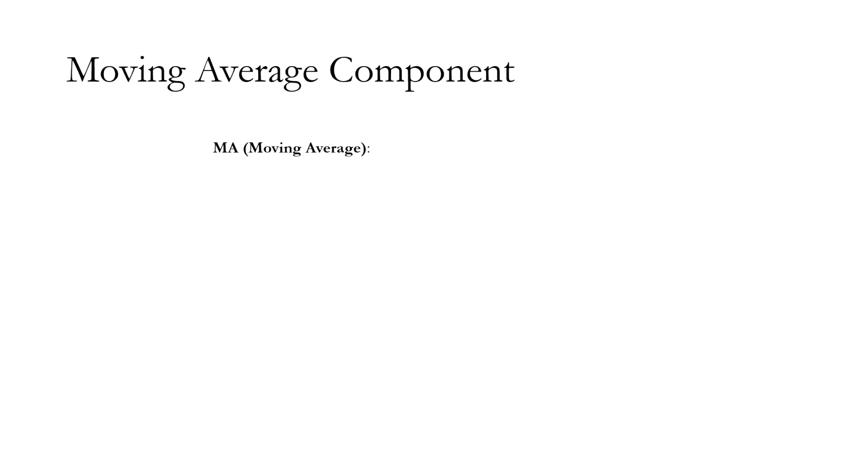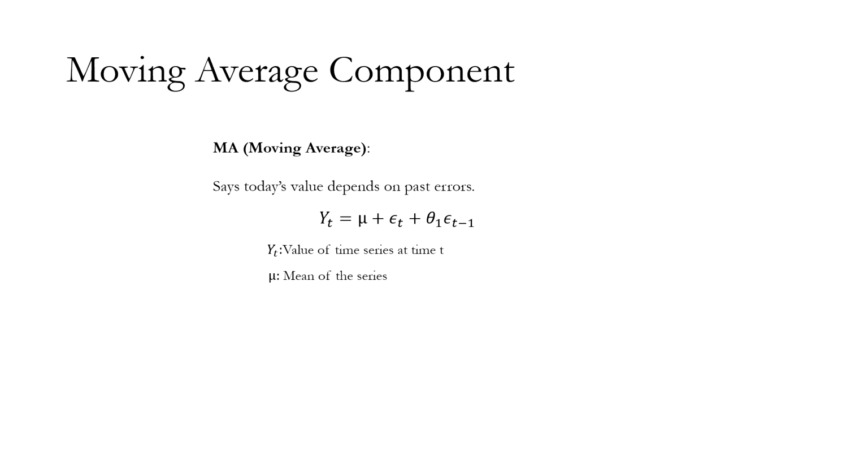Now I'm going to be talking about the moving average component. It says today's value depends on past errors. Yt is equal to mu plus the error term plus theta 1 times et-1 is the general formula. Yt is the value of the time series at time t. Mu is the mean of the series.